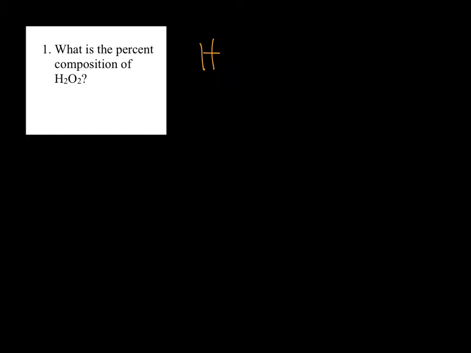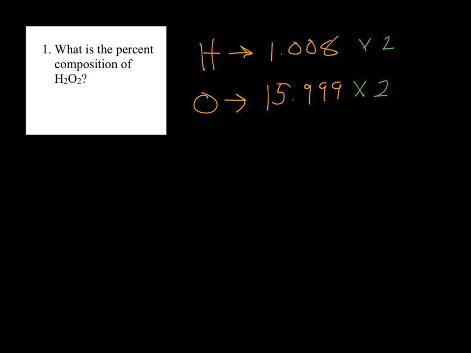Well, hydrogen has a mass of 1.008, and oxygen has a mass of 15.999. Now in this particular problem, you see that there are 2 hydrogens and there are 2 oxygens. So I'm going to take each of these and multiply them by 2 because I have a total of 2 of each of them.